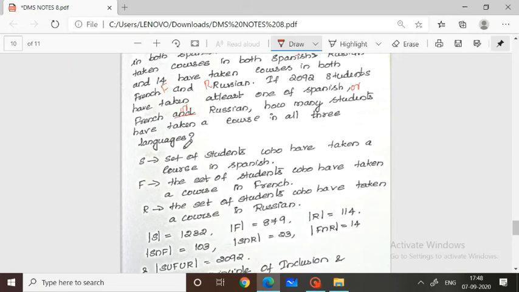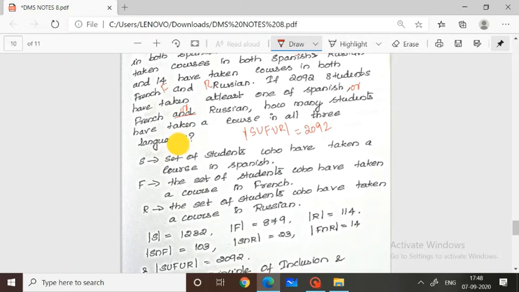So it is given that the number of elements in S union F union R is equal to 2092, but we are asked to find how many students have taken a course in all three subjects.